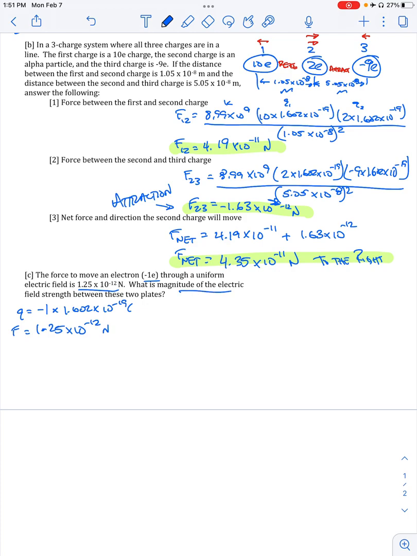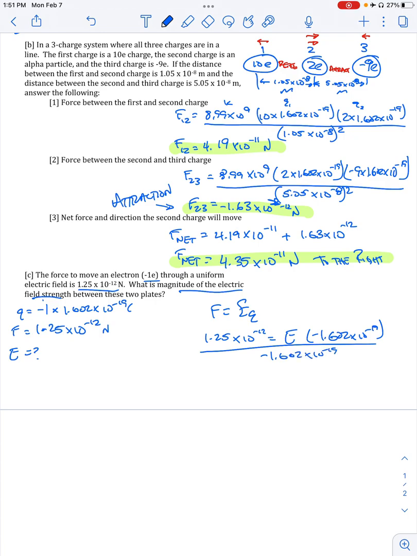All right, what is the magnitude of the electric field strength? All right, so we're looking for E there. All right, so our force equals EQ. So 1.25 times 10 to the negative 12 equals E times negative 1.602 times 10 to the negative 19. Divide both sides by that.